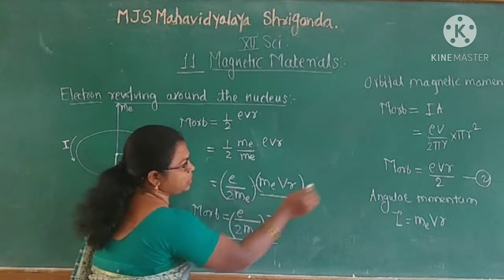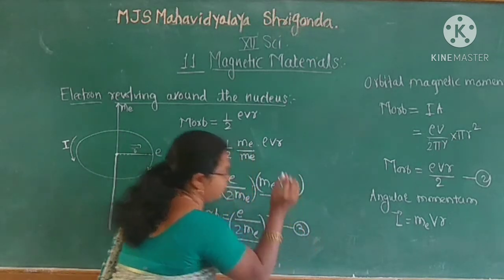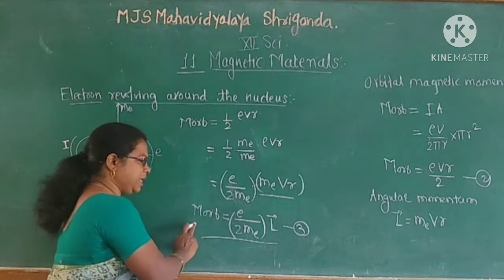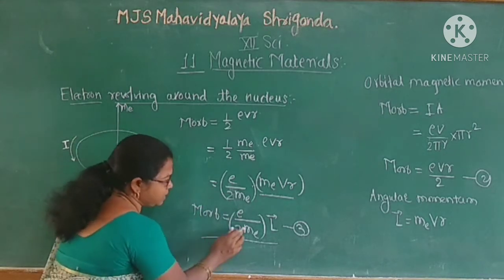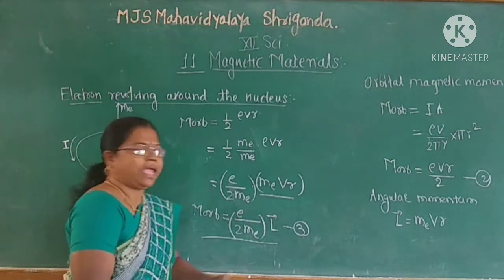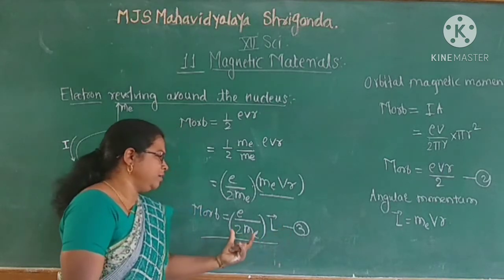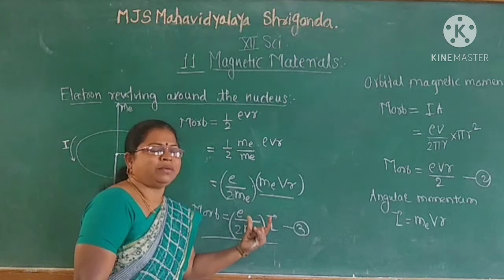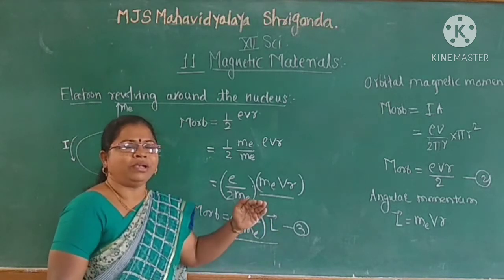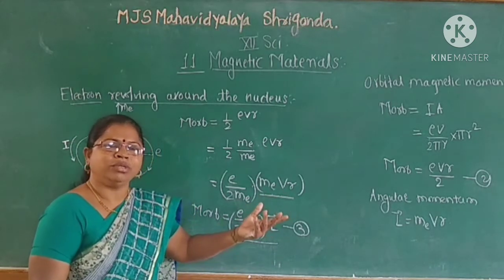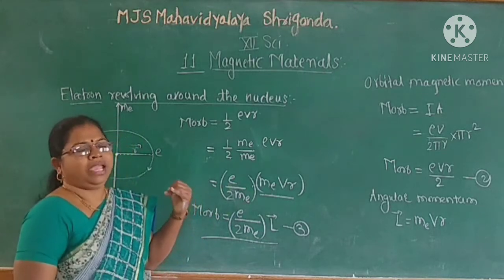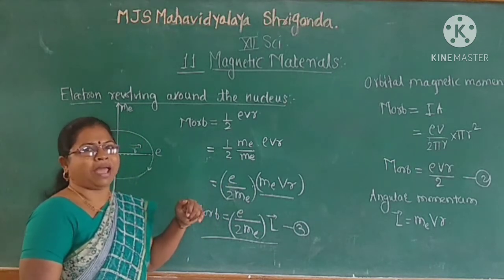Suppose this is equation number 3. From this equation it is clear that magnetic moment is directly proportional to the angular momentum L bar, where by using Bohr's second postulate, angular momentum is equal to the integral multiple of nh upon 2 pi.